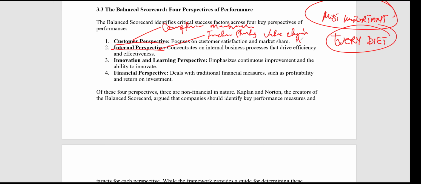Resources and capabilities, innovation and learning, a lot of things can fall here. Strategic choices that can make me innovate and grow. So the balanced scorecard is a key model that you can get all other models from.